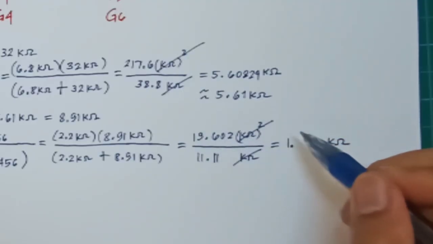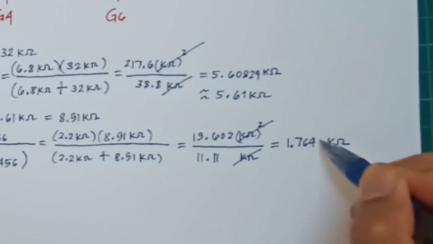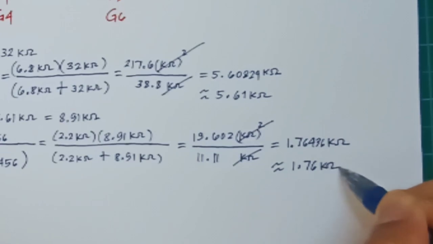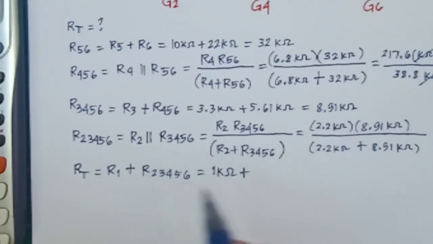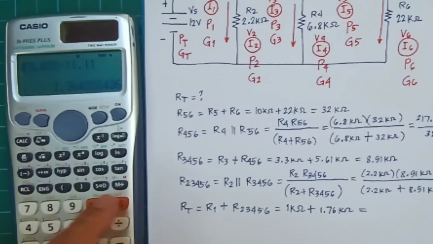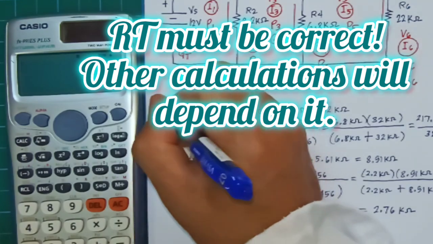And so our final answer there will be 1.76436 kilo ohms, or let's round it to 1.76 kilo ohms. Now finally we get the R total, and we will add 1.76 with 1, we will get 2.76 kilo ohms.